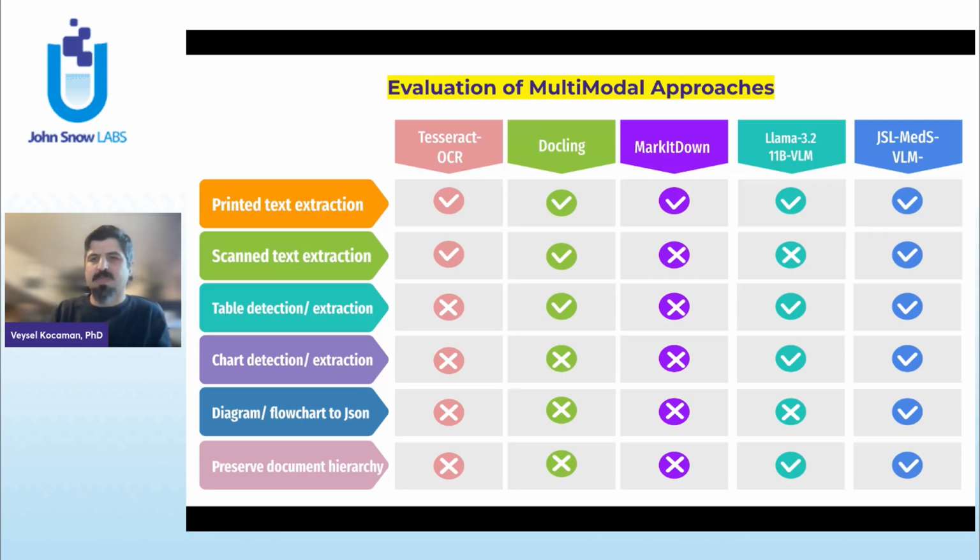GSL Med-S, we call it Med-S because it is around 10 billion in model size, and it's ticking all the checkboxes as you see. It can convert diagrams and flowcharts to JSON and preserve document hierarchy, which is highly useful if you are making some decision based on some criteria.